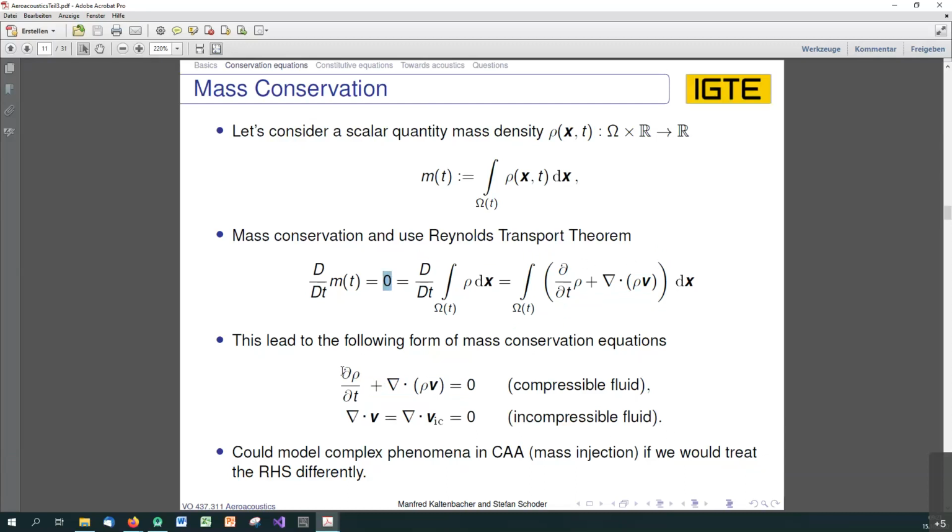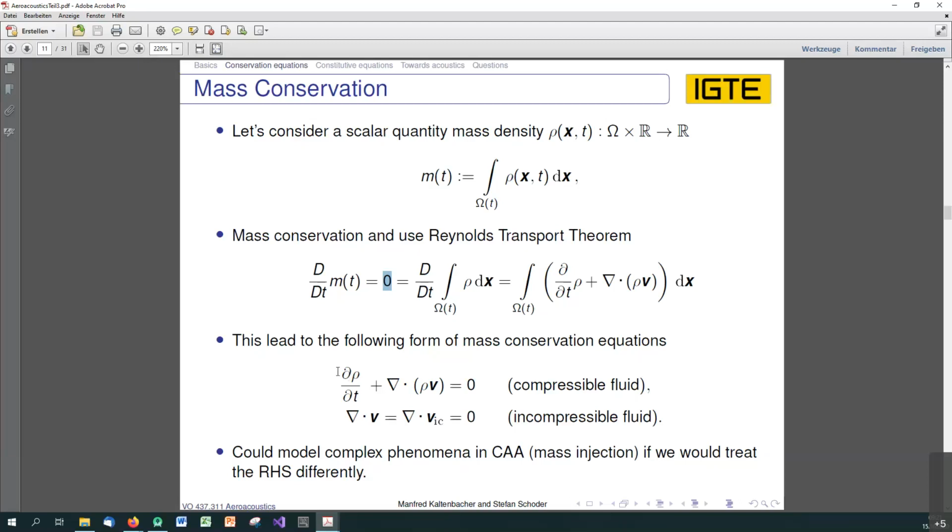And this is the conservation of mass of any fluid you can imagine. We assumed continuum theory. We also assumed implicitly that we have one species, so we have just air and no water, or just water and no air.